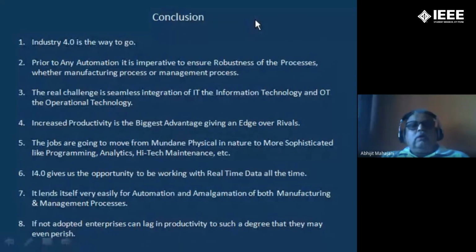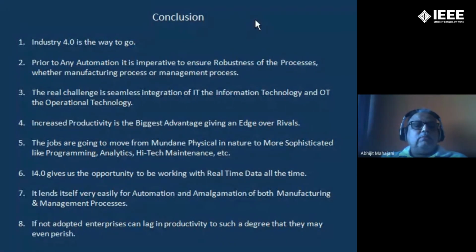Now, Industry 4.0 is a technical challenge. At the same time, it is also a challenge on another front, in that it's more of change management rather than just technology management.